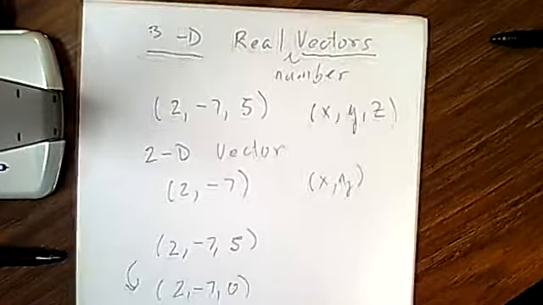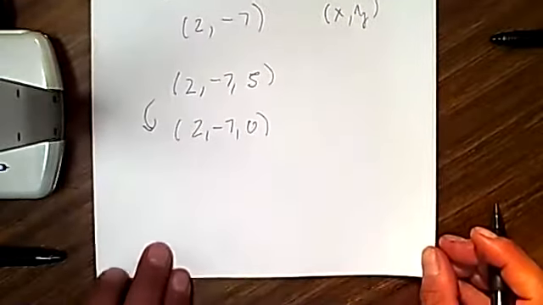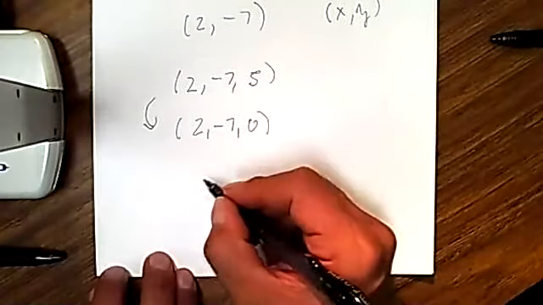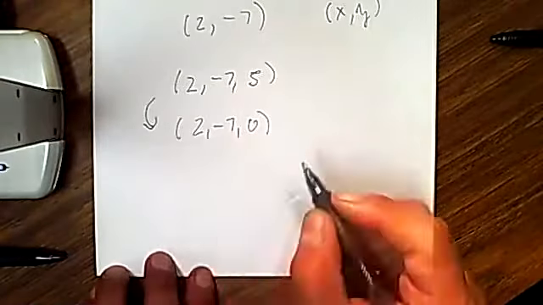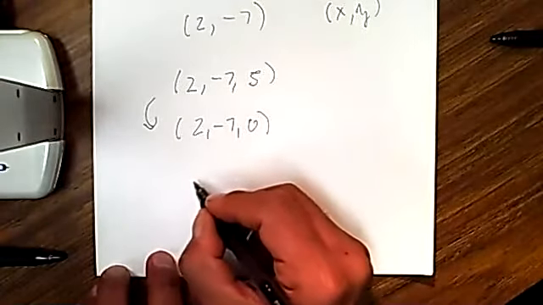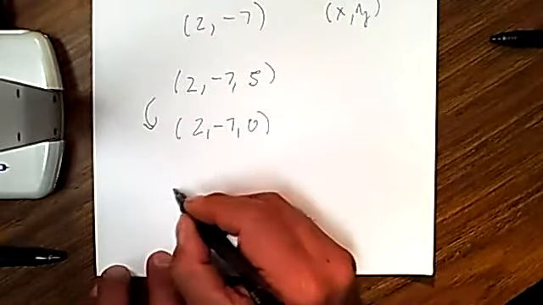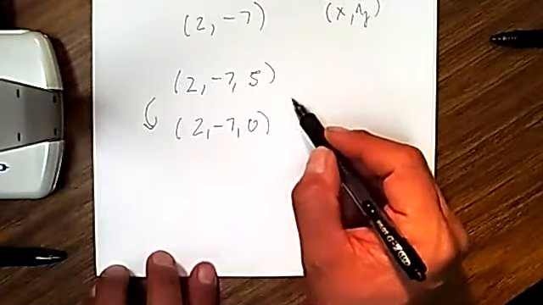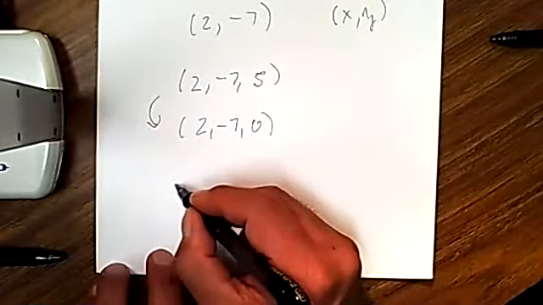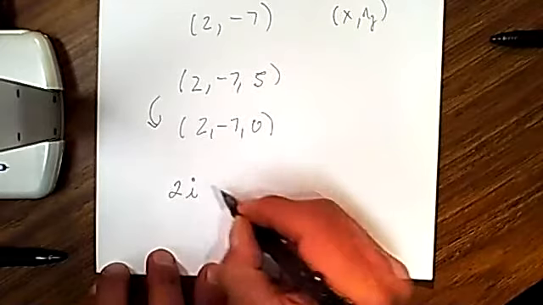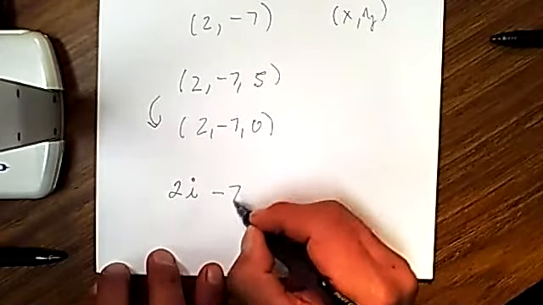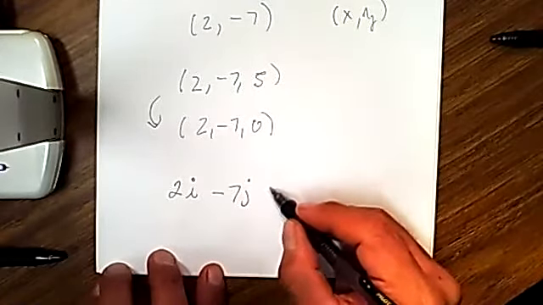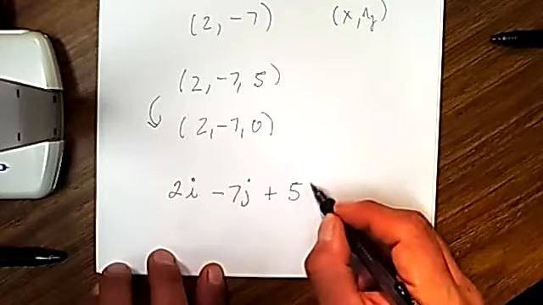Another notation that we use with vectors is the IJK notation. So if we write this down as, let's start again with 2, -7, 5, we can rewrite this as 2i minus 7j plus 5k.